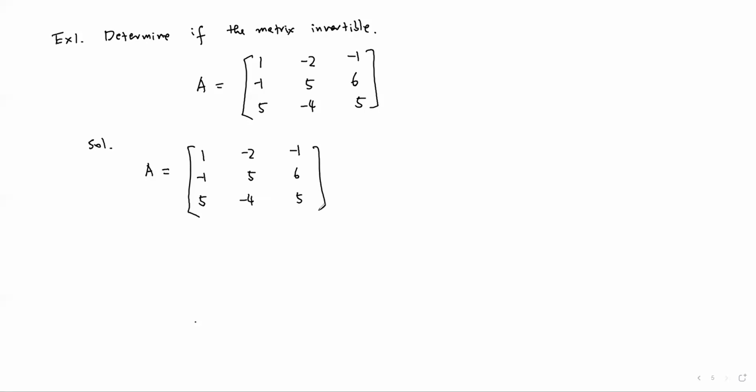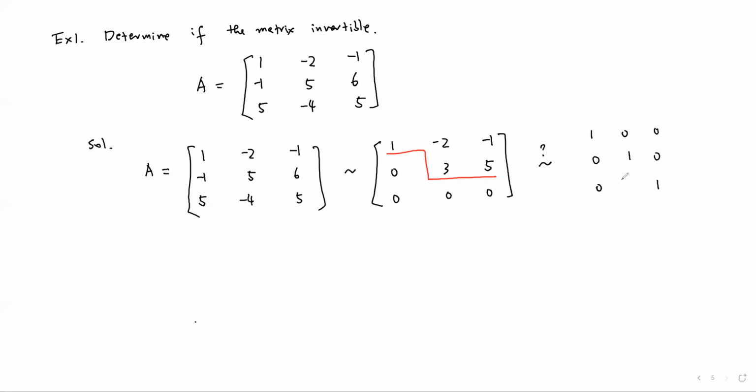Perform a sequence of row operations, then I get the echelon form, which is this. Can you further reduce this matrix to the identity matrix?